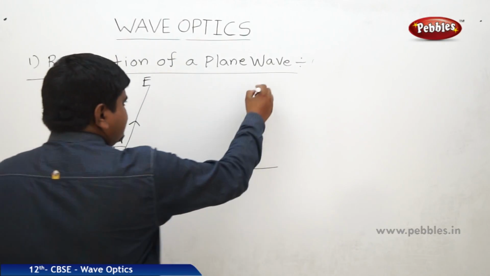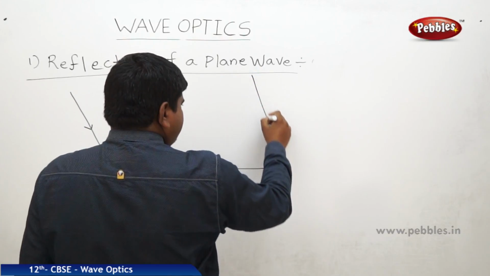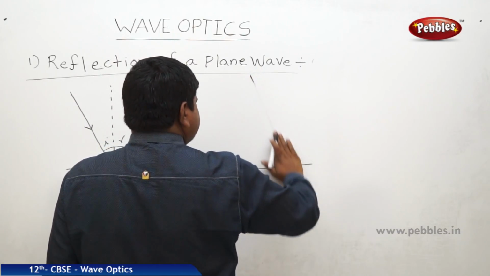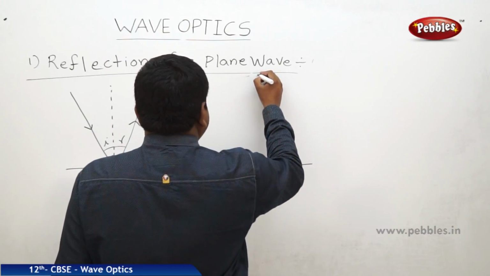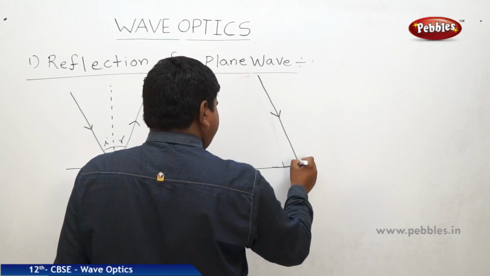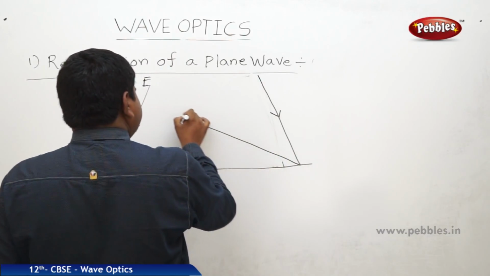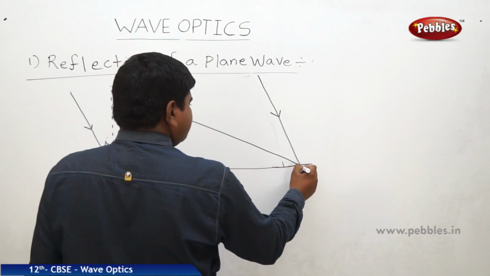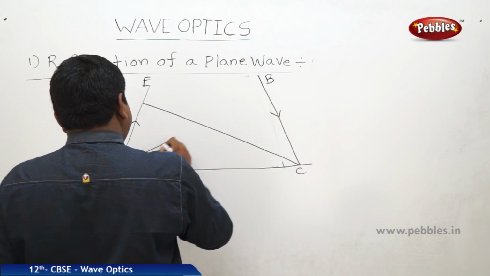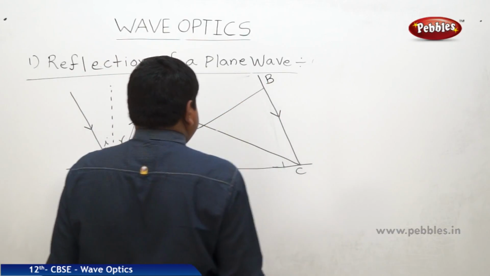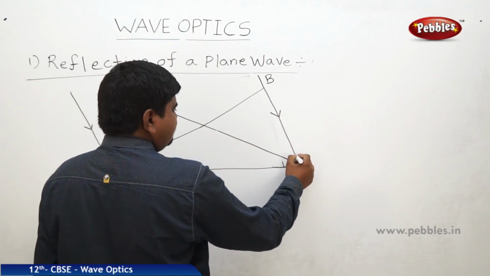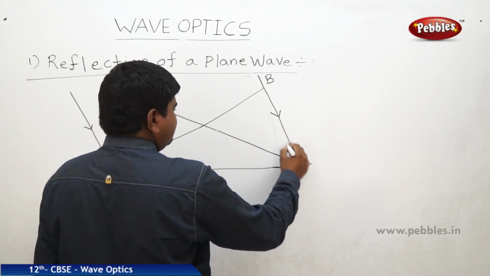This is the incident plane wave with some angle of incidence, and it is reflected back and touches this one. And from this, we are again drawing this one. This is I and R, and here also it is I, it is R.